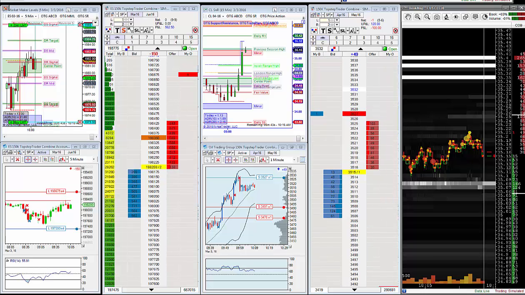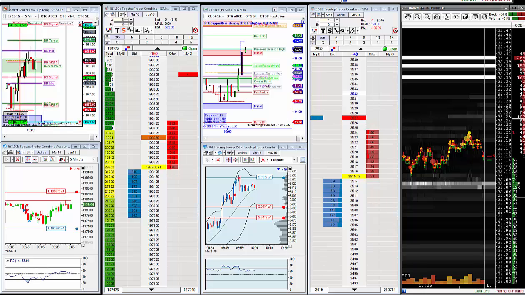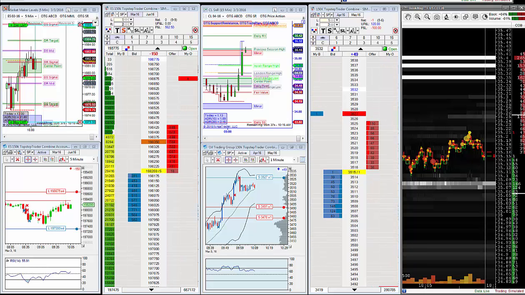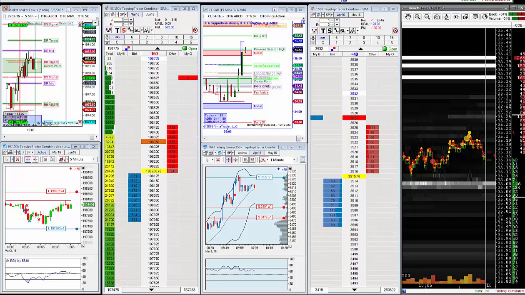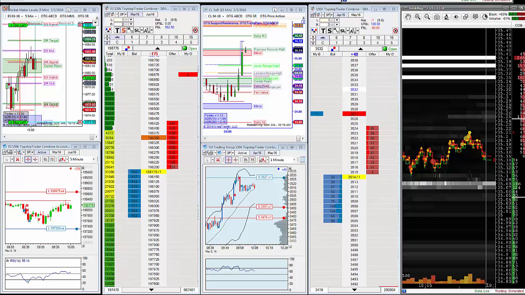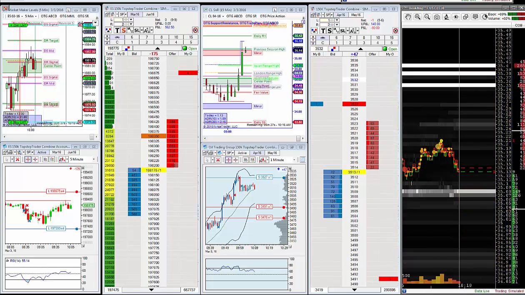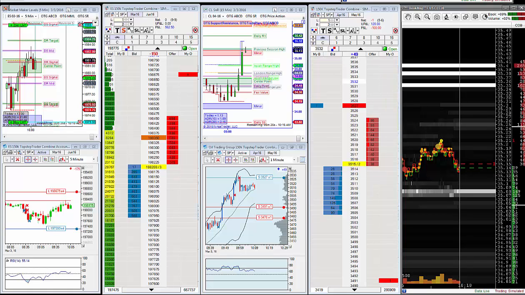Come on, 15, 14, let's go. 13, 12, push through it. Approaching overbought up here a little bit on the 15-minute chart. Come on, 13, 12, 11, let's go.